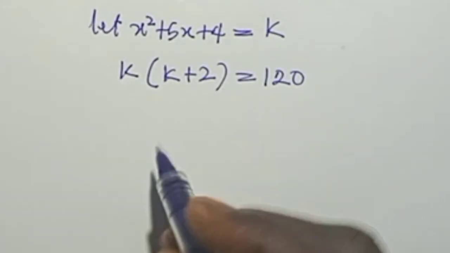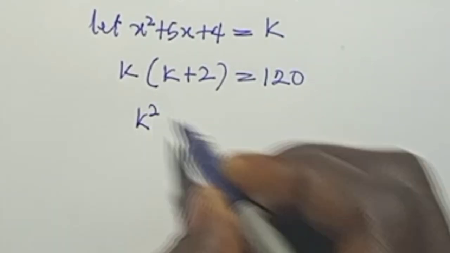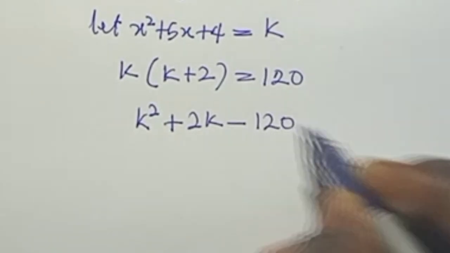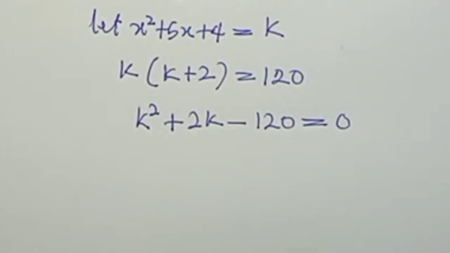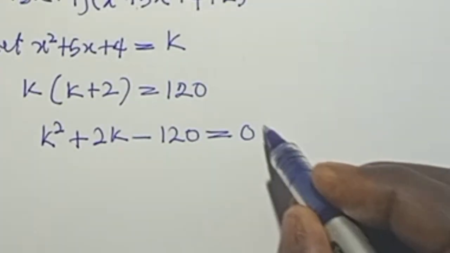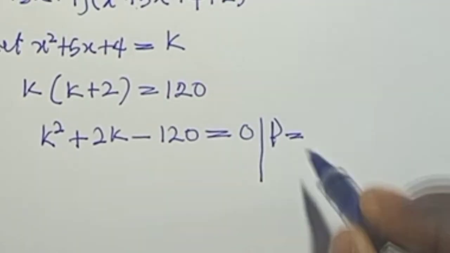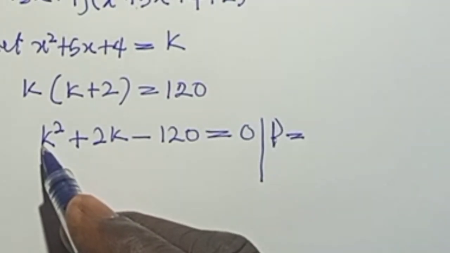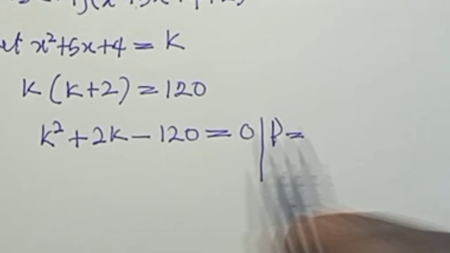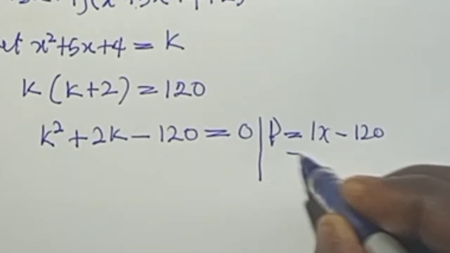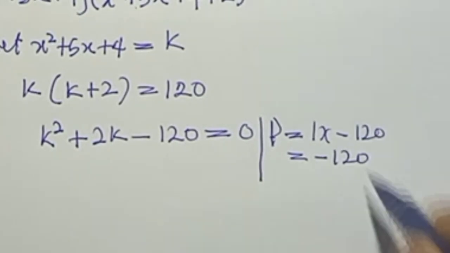So if you do this very well, we're going to come up with k squared plus 2k minus 120 equal to 0. And this is a quadratic equation. So to get the product P, it is given as 1, the coefficient of k squared, times minus 120, and this is minus 120.